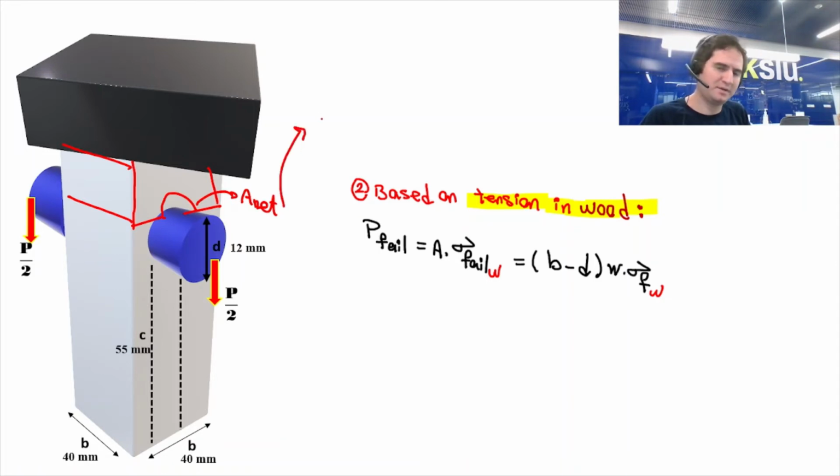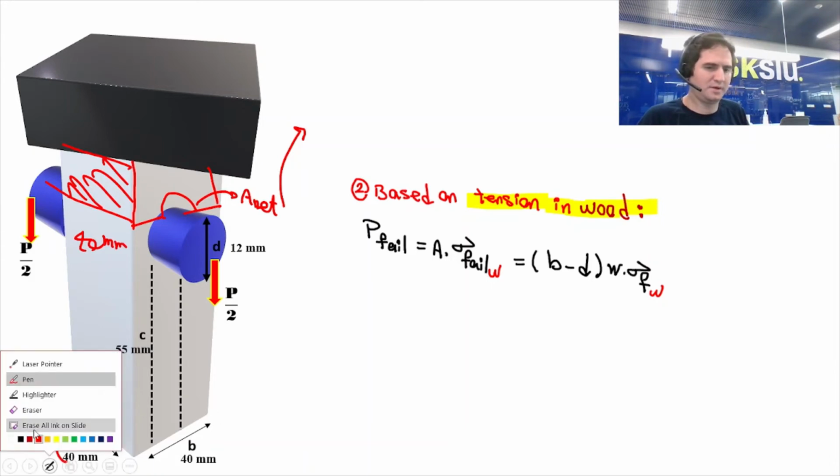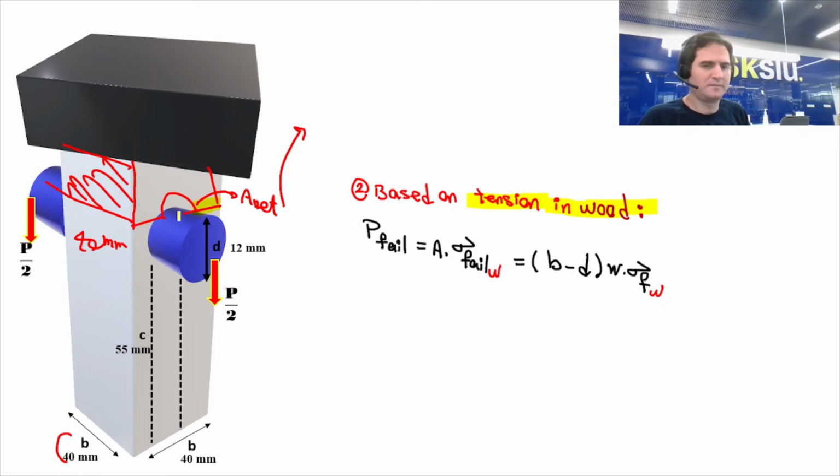To calculate it, it is the thickness, which is 40 millimeters, times B minus D. So A net is equal to B minus D times the thickness, which is (40 minus 12) times 40.